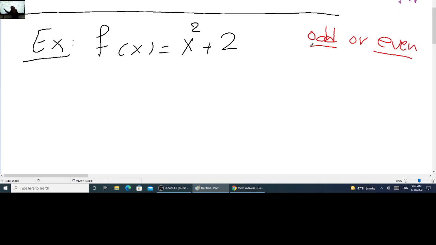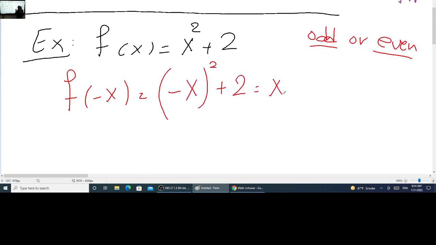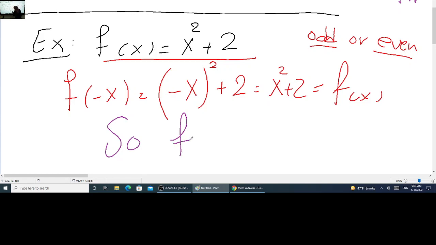Now just take f of negative x, which is negative x squared plus 2, which is x squared plus 2, and this x squared plus 2 equals f of x, right? So this is f of x. So f is even, not odd, an even function.